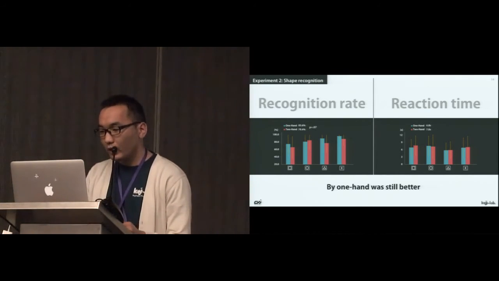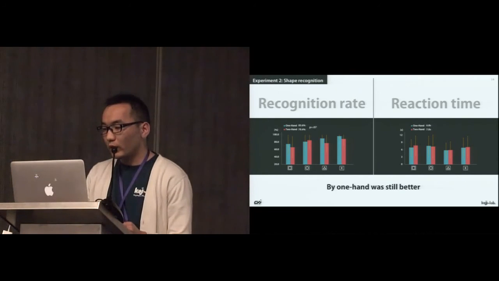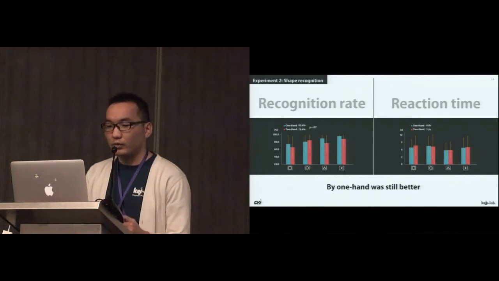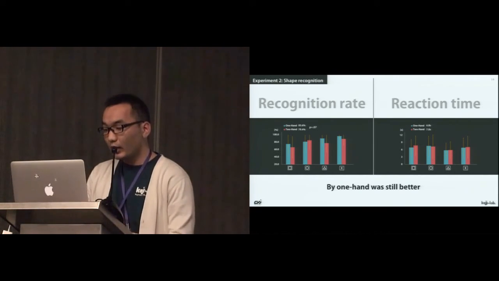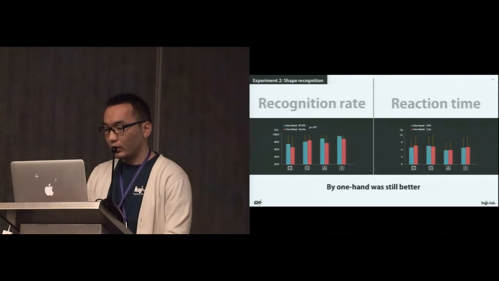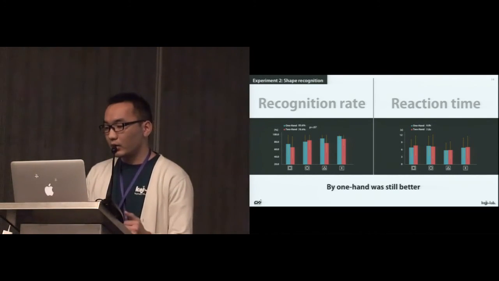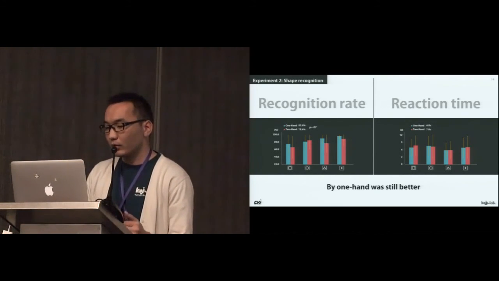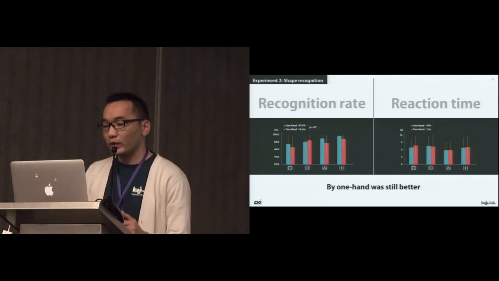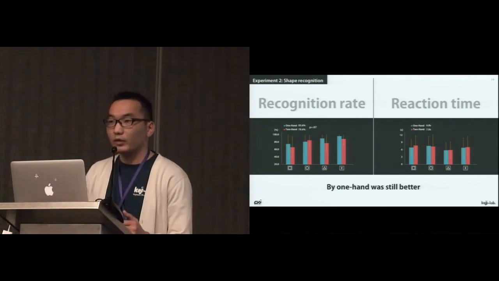Performance was high, and the recognition rate of one hand was marginally higher than 2 hands, so using one hand was still better than using 2 hands. However, the recognition time of one hand and 2 hands was almost the same. Also, although the shapes became more complex, mean recognition time was faster than in experiment 1. It may be that the participants who conducted experiment 1 got used to our system when they did experiment 2.